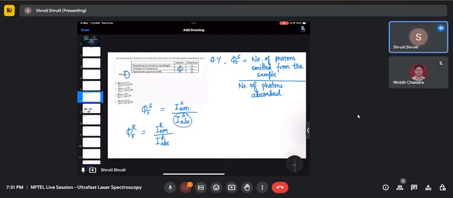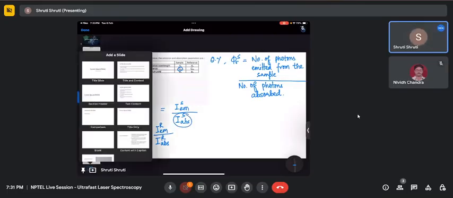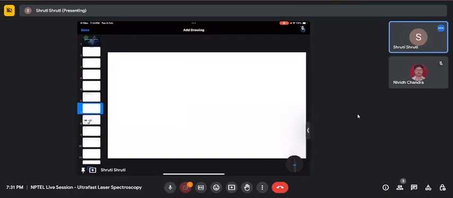Okay, so likewise, by getting these four factors and knowing the quantum yield of the reference from previous reports, we can calculate the quantum yield of the sample with respect to the reference. So this is an indirect measurement.